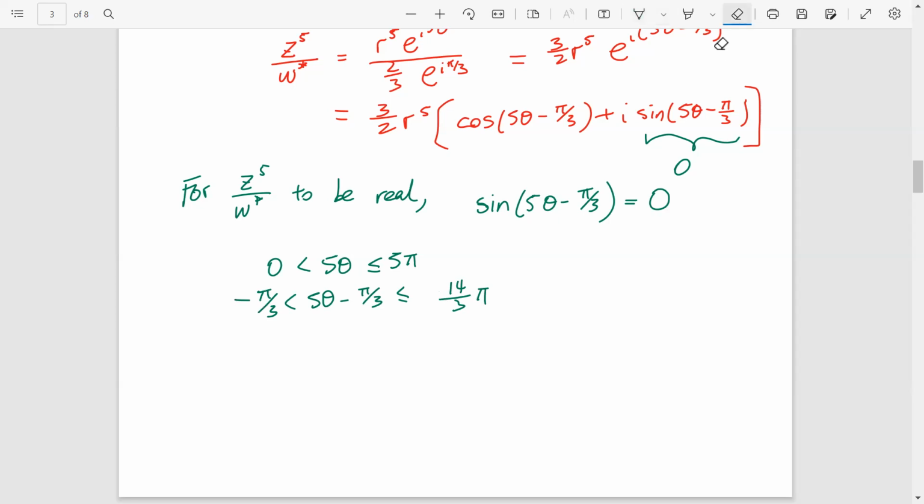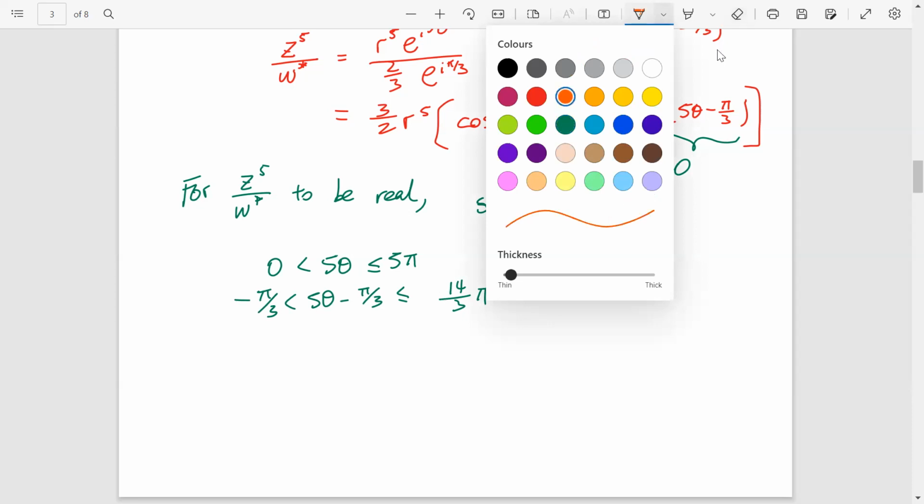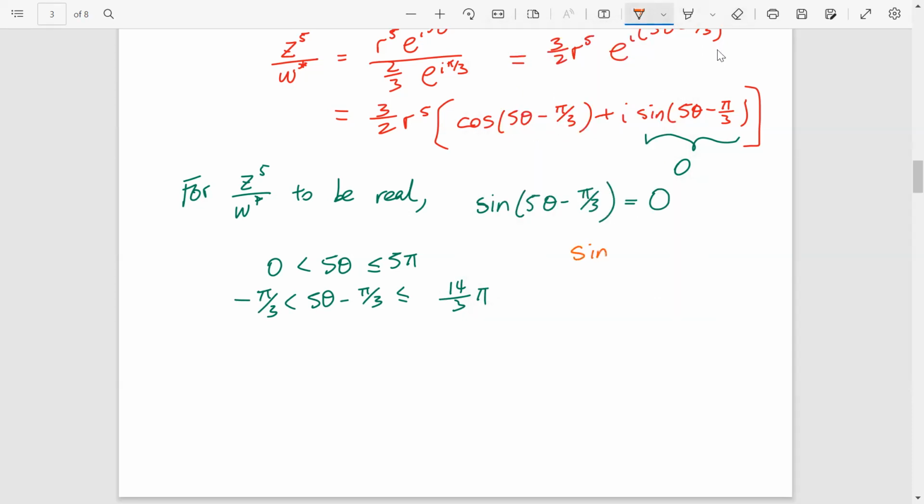So you need sine to be 0. When is sine 0? Let's say sine x is 0. What are the values for x? x will be negative 2 pi, negative pi, 0, pi, 2 pi, 3 pi, etc. In other words, it's actually kπ, where k is an integer. Now 5θ − π/3 is the x.